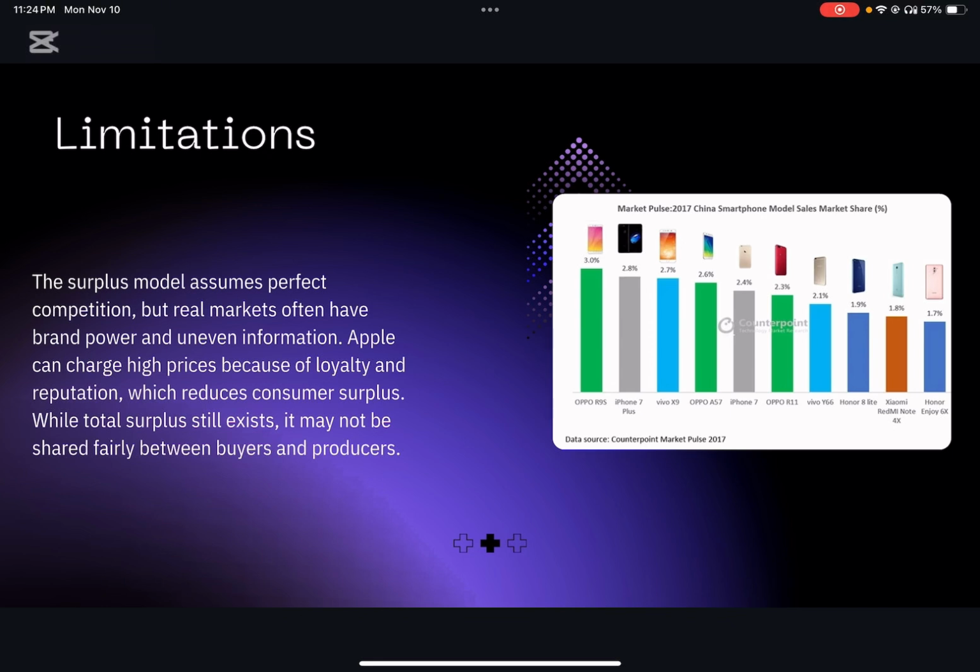That means consumer surplus is smaller than it would be in a more competitive market. The total economic surplus still exists, but it's distributed differently. Apple captures a much larger share and the buyers get a bit less benefit. This shows the model's limitation. It measures efficiency but not fairness.